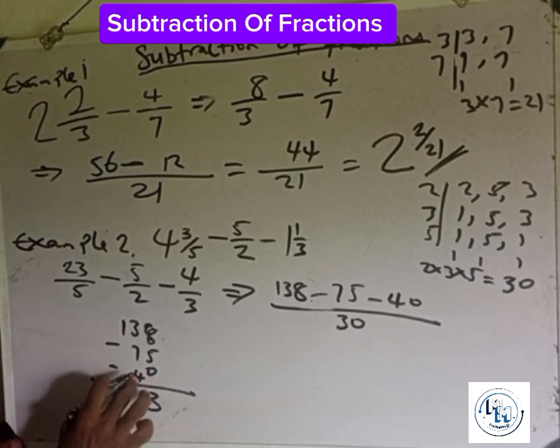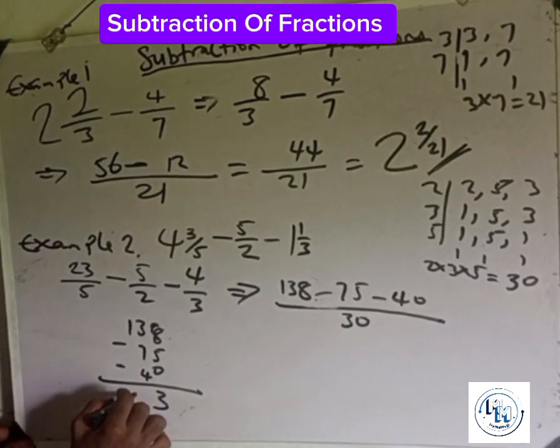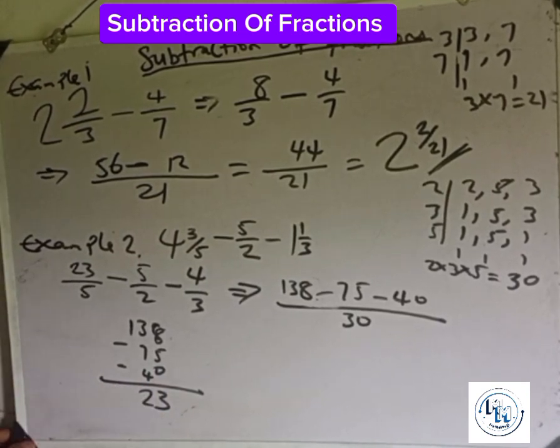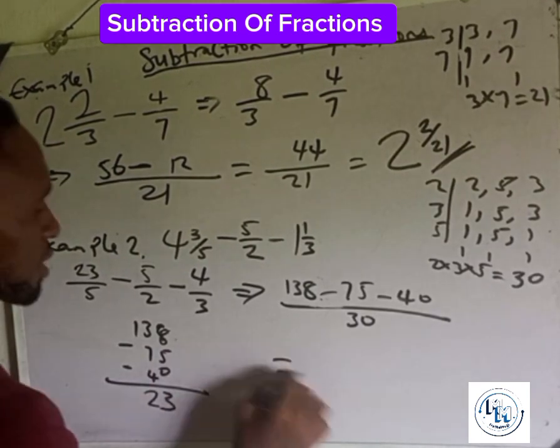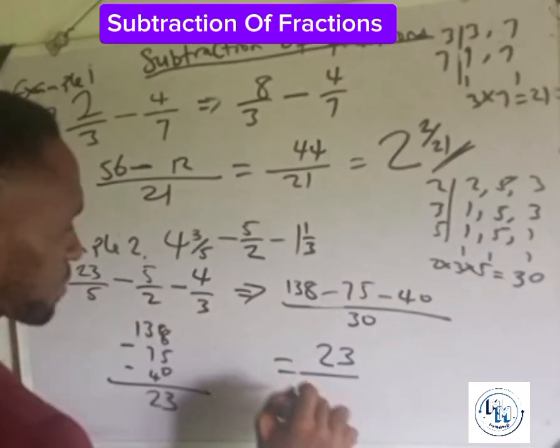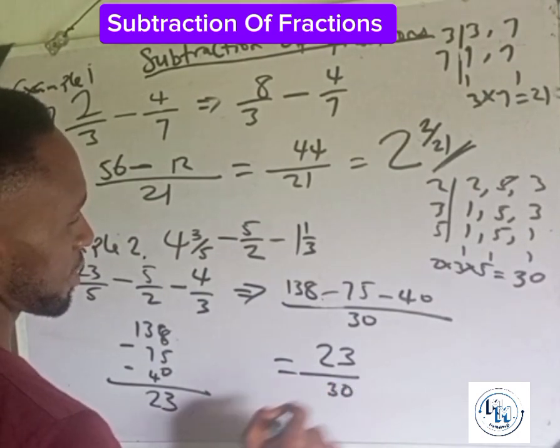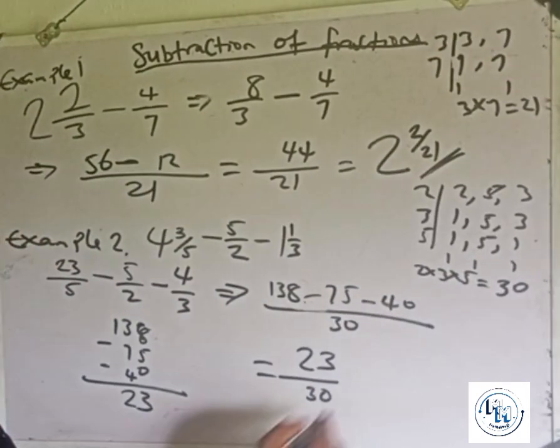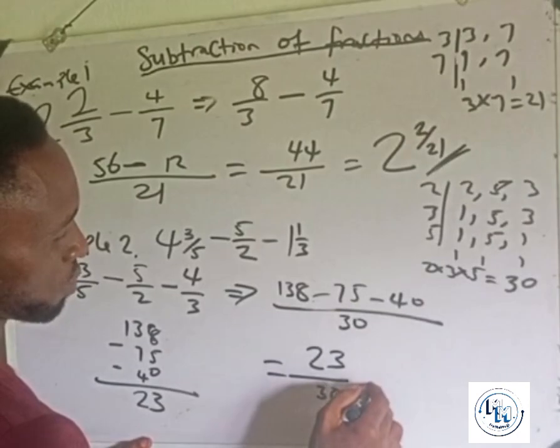Yes. 6 minus 4 will give me 2. So this will give us 23 over 30. Right? 23 over 30. So this is a proper fraction. We can leave it.